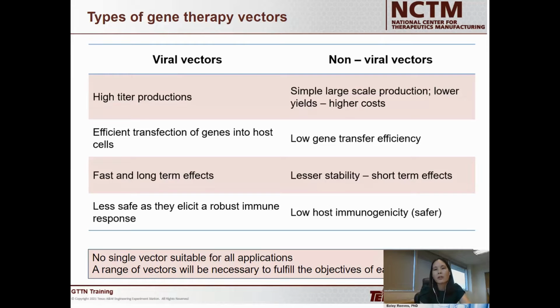Although some of the non-viral vectors can also display this low immunogenicity profile. But I guess the take-home message from this is that no single vector is going to be suitable for all applications. And so when you're doing your initial experiments in the lab, it's really important to look at different delivery mechanisms or different vectors to figure out which one is going to be best for your specific therapy.